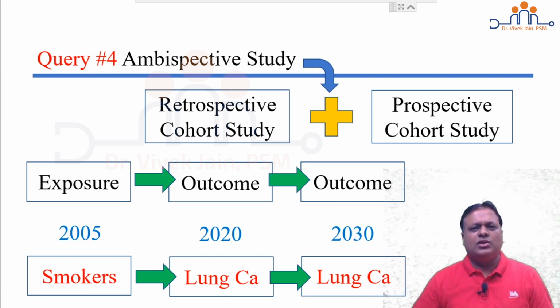This combination of both study designs is known as an ambispective study. If you see carefully, first there was a retrospective cohort study of 15 years, 2005 to 2020. Now someone has added a prospective component of 10 years in that, 2020 to 2030. Retrospective plus prospective. This is an ambispective cohort study.